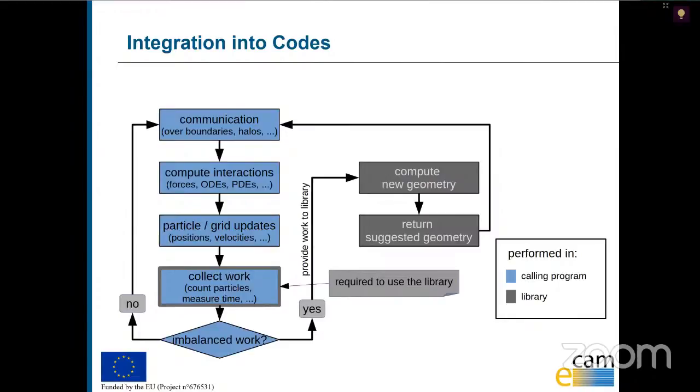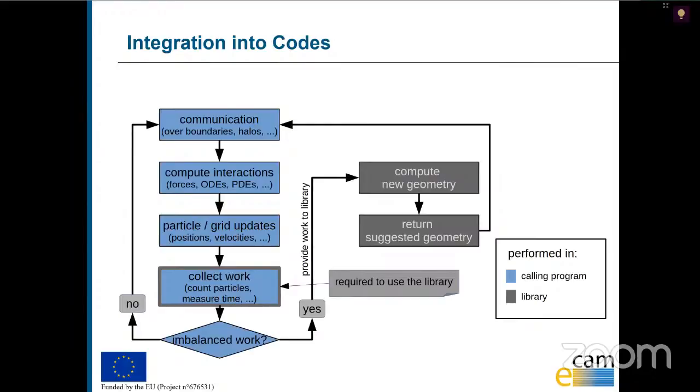You would then check if this leads to an imbalanced work distribution. If it does not, you continue your default loop and continue with the communication. If it is in an imbalanced state, you would provide the work you collected to the library.